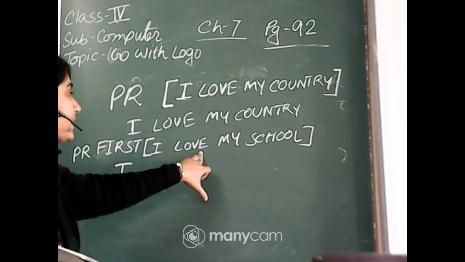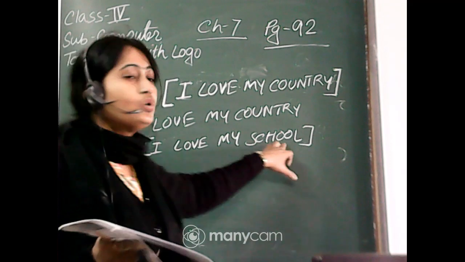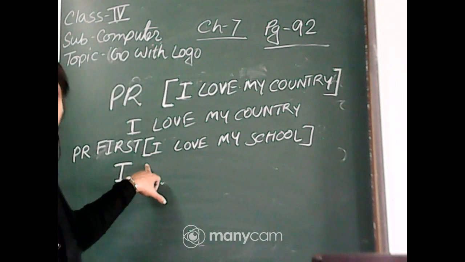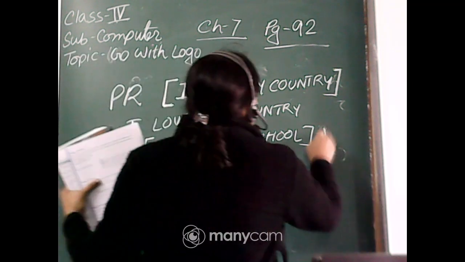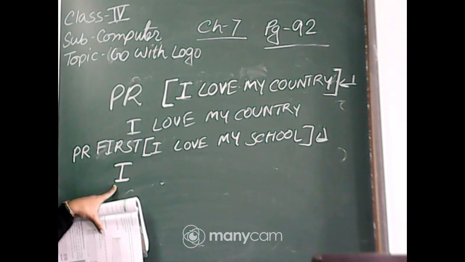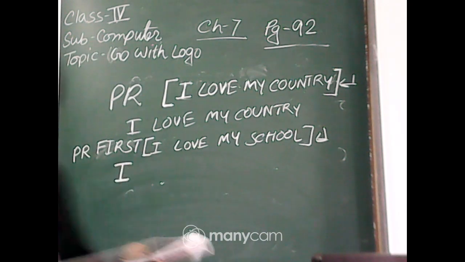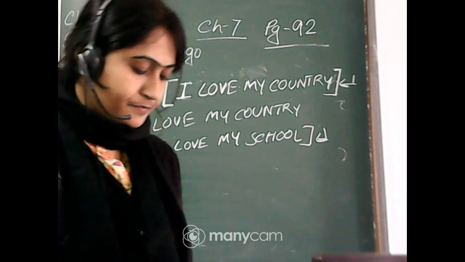Within the square bracket you just write I love my school, only the first word you want to print, and after pressing the enter key you can see the first word will be printed.